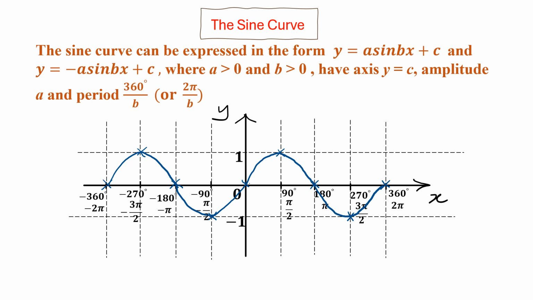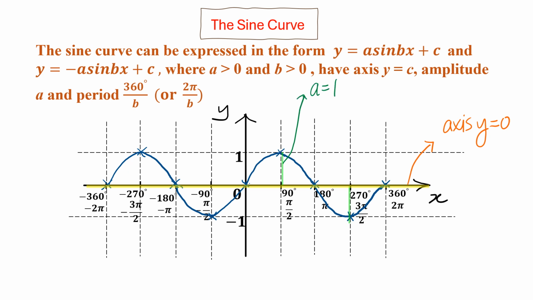Right, let's start off with our basic shape, y equals sine x. If you look at the diagram there, that is your axis, which is y equals 0. That's your x-axis. Basically this axis divides your curve into two equal halves.